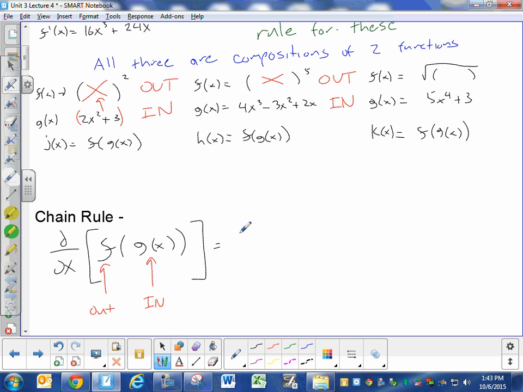The derivative of this is equal to the derivative of the outside, or f prime. I'll write it as d dx out. Leave the inside alone. So it's almost like change the outside, leave the inside.